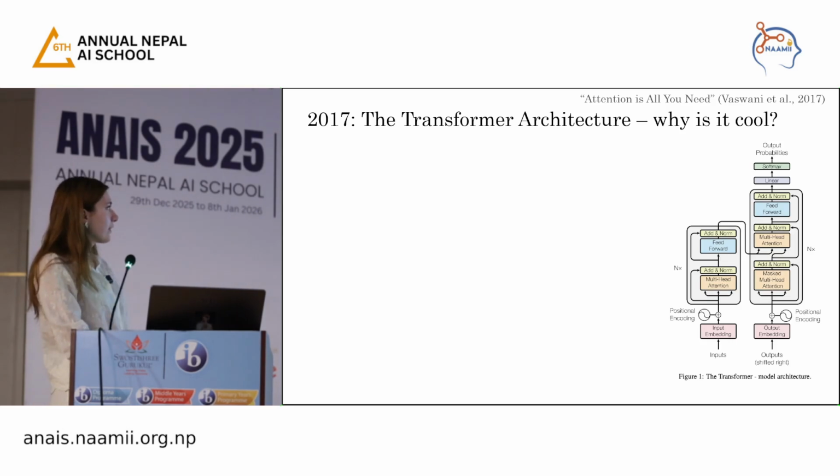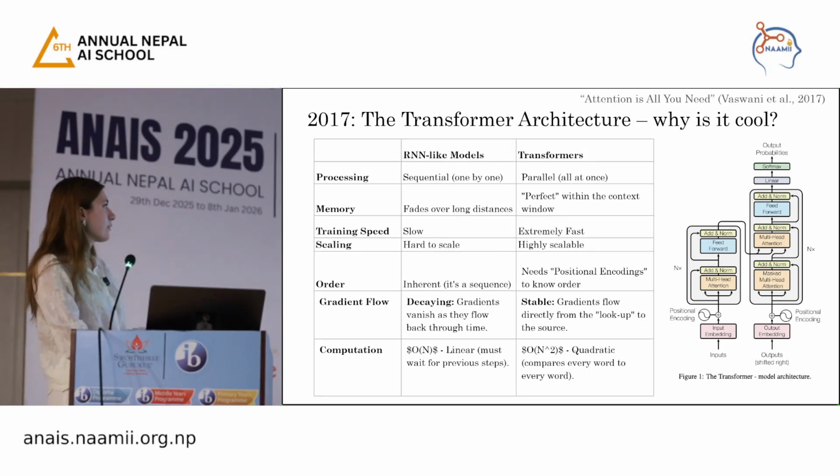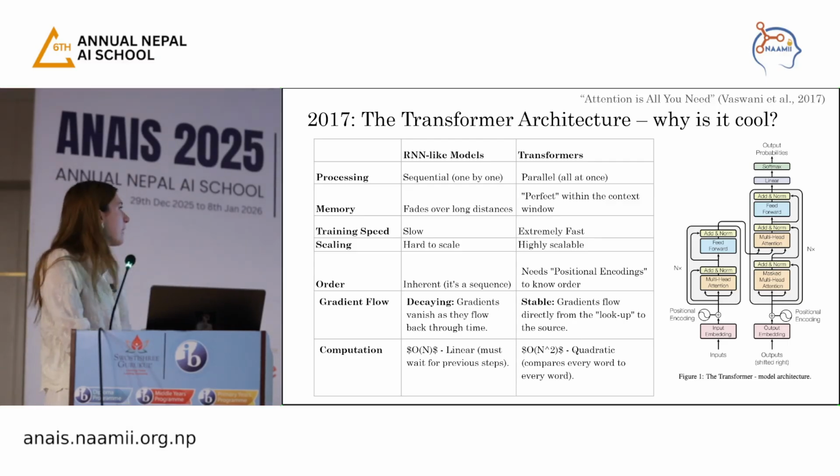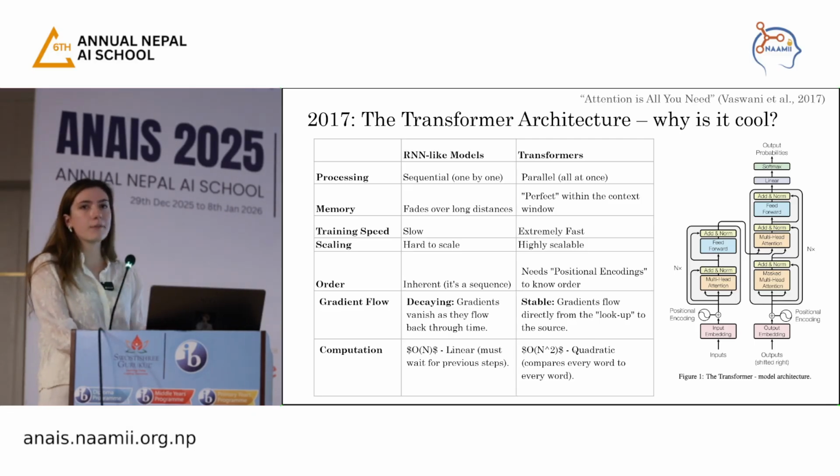Okay, so a quick recap of what we said so far. If we look at literally what we said 3 minutes ago, RNN models are sequential, while transformers go parallel because of attention heads. Memory in RNNs fades over long distances, and this is what we were talking about before with the vanishing gradient, while in transformers it is perfect.